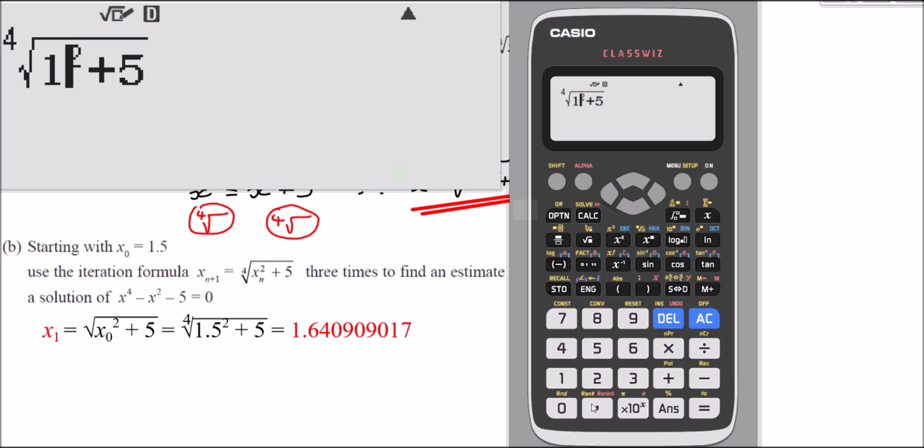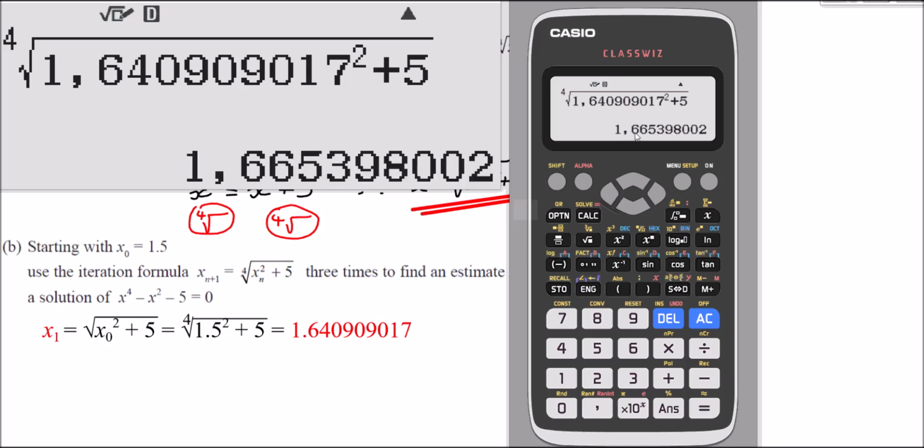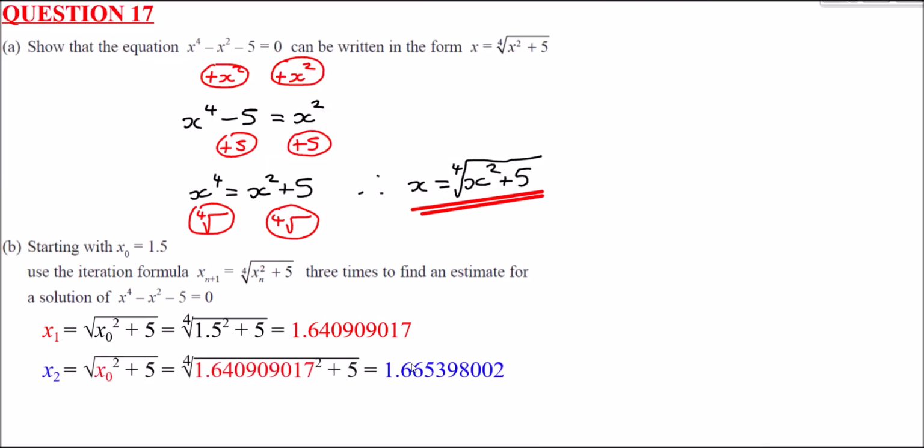Ironically I'm doing it, but I'm telling you not to, so just wait for the quicker method. Again, I need to make sure I've typed in all the numbers correctly and not mispressed. But the second one should be 1.6653980002, like so.